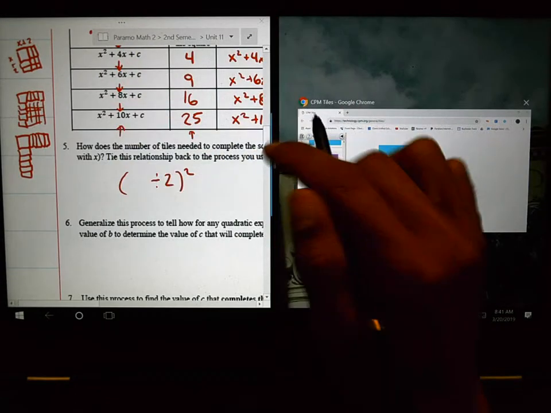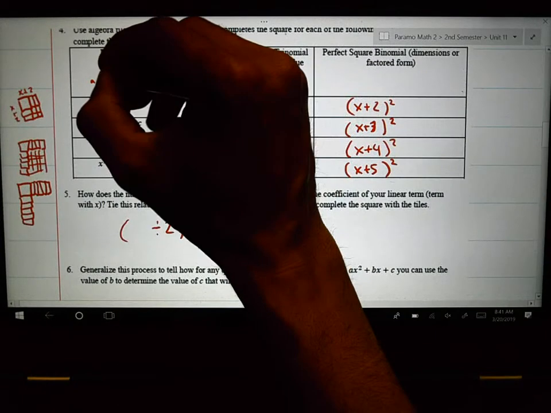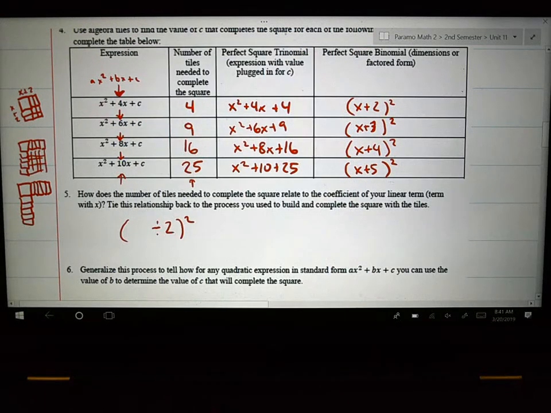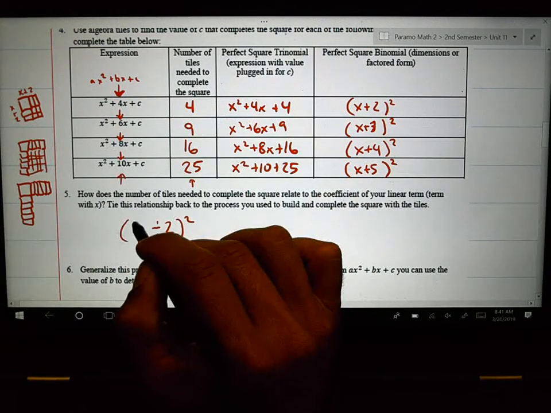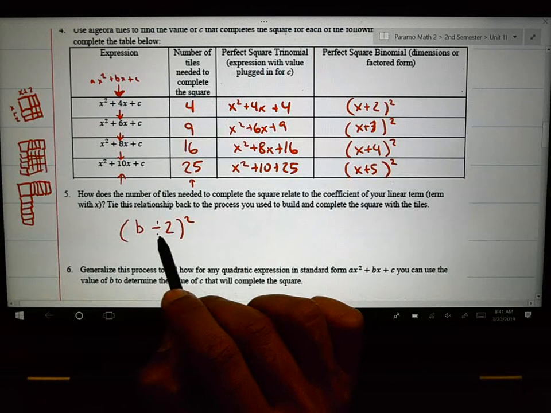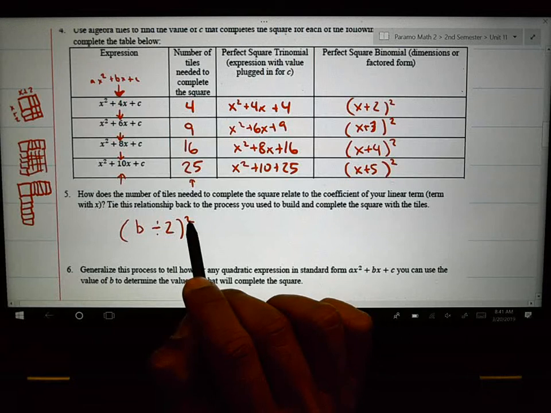This is ax squared plus bx plus c. We talked about that last unit. This is the b. You take that b value, you divide it by 2, and you multiply it by itself, is how Ben described it. Mathematically, that means you square it.